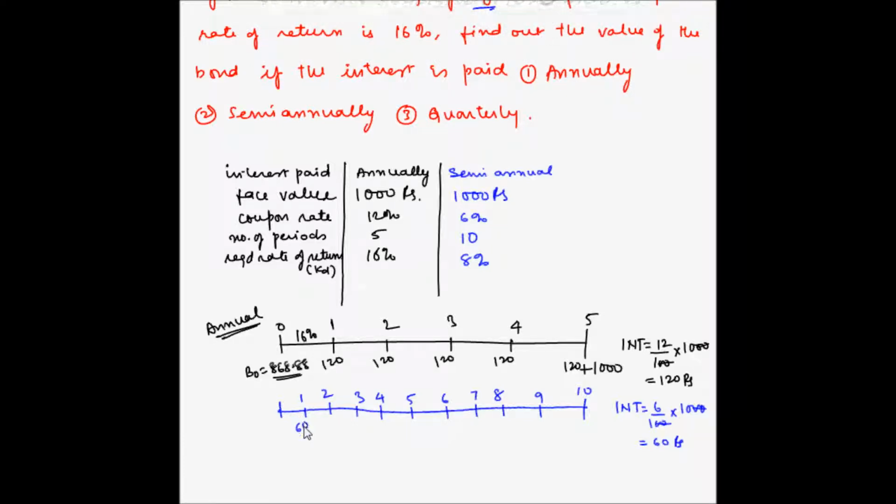So interest received after every 6 months is 60 rupees, and so on. And of course at the end of the tenure the maturity value will be received, which is 1000 rupees. The value of KD is 8%. So this is the time scale for semi-annual payments. So let us now find out the value of the bond when the interest payments are semi-annual.